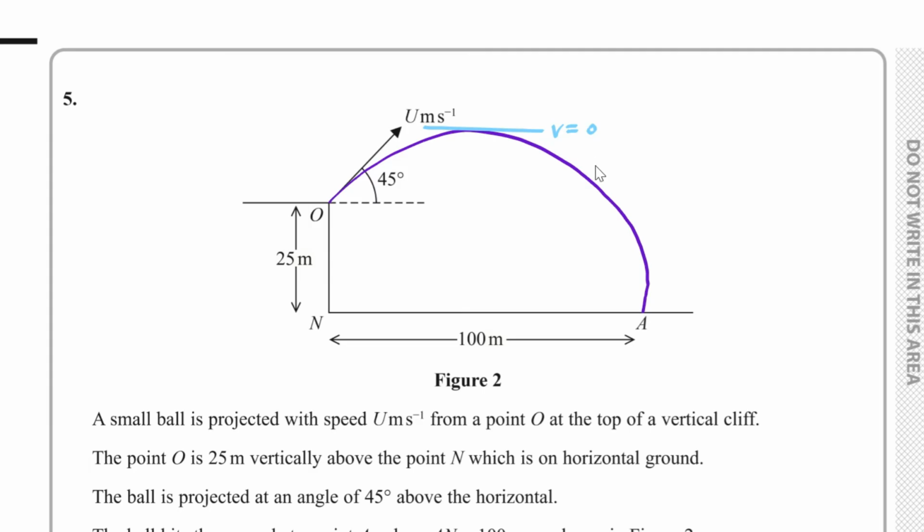Also, if we find out what this height is, from here to here, we'll call this height h. The greatest height will be 25 plus this h.